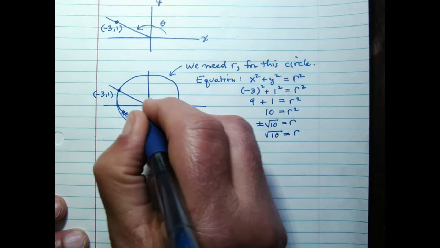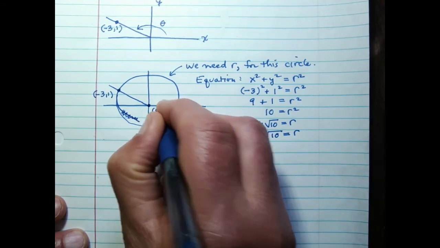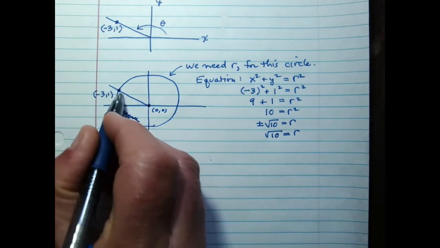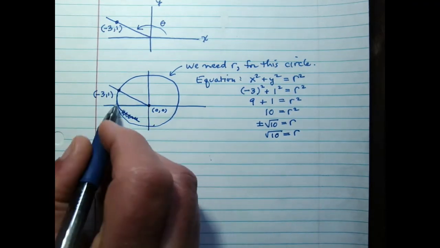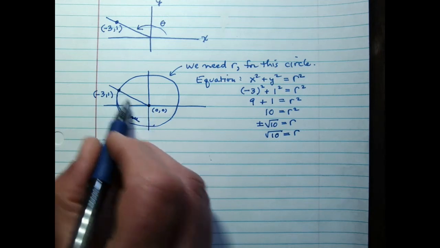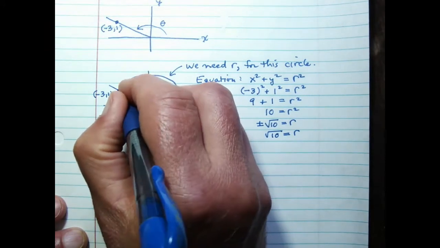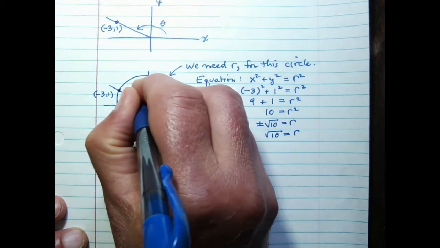So what we can do is just plug in -3 squared plus 1 squared equals r squared to come up with a value for r. 9 plus 1 is r squared. 10 is r squared.